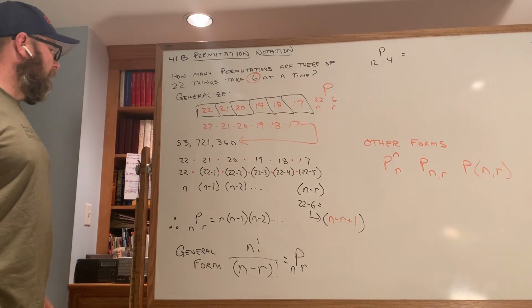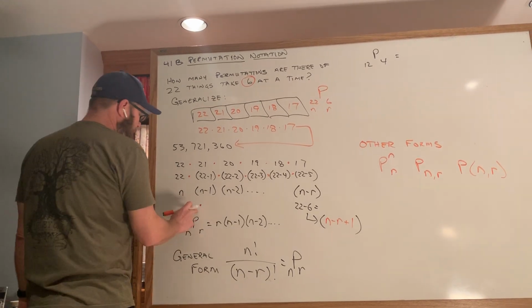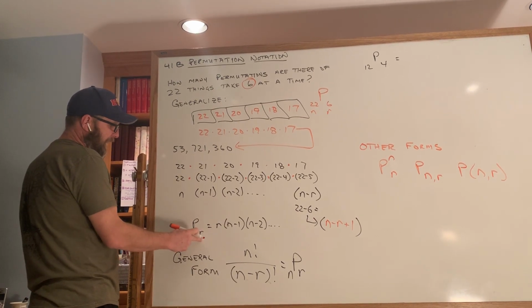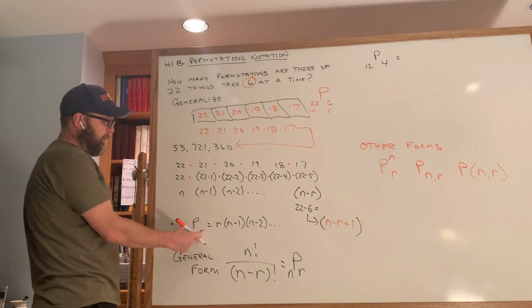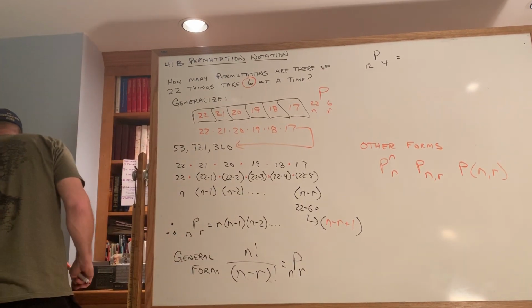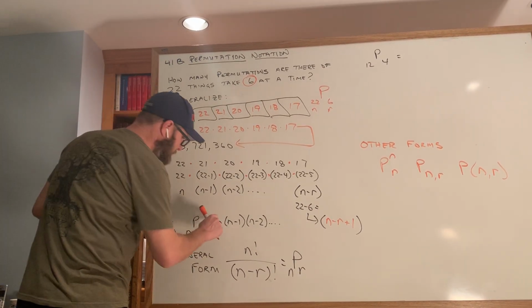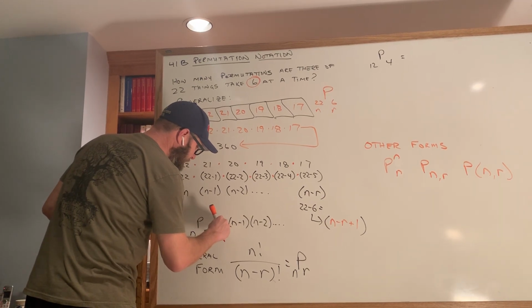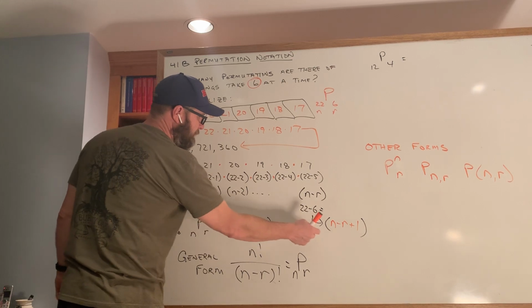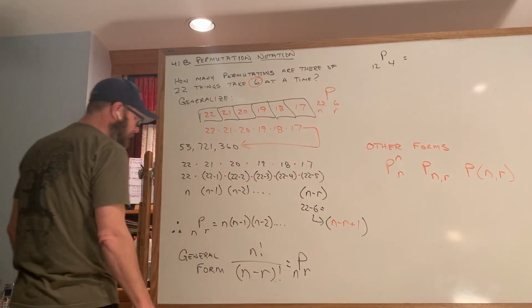So here's the general form. I have the number of permutations. This is the number of items that I have. This is the number of items that I'm looking to put in order. So this is going to be n. That's definitely an n. That is not an r. Very sorry about that. That does look like an r. This is n times n minus 1 times n minus 2 times n minus 3, all the way to n minus r plus 1.